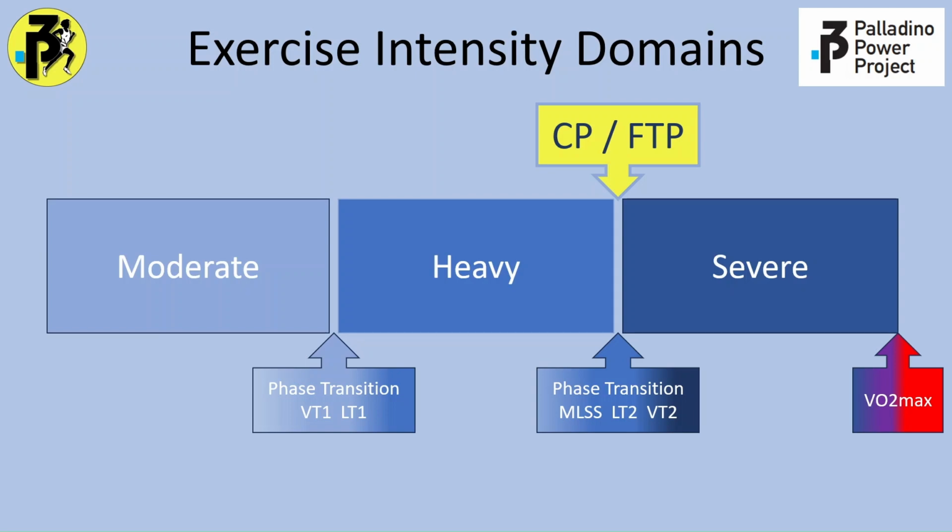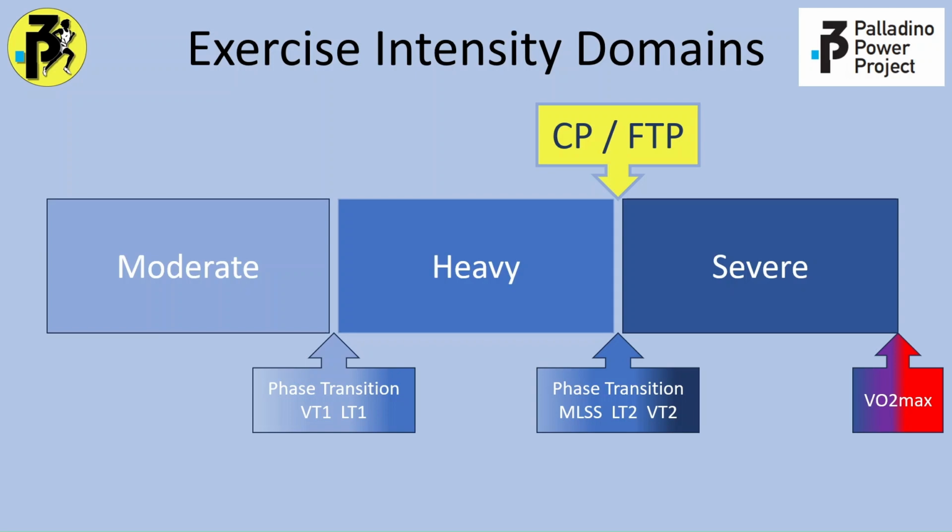And there are other physiologic metrics: MLSS, lactate threshold, or LT2, ventilatory threshold 2, VT2, respiratory compensation point. They're all identifying this phase transition, or attempting to. Now, they're all different protocols and different models.